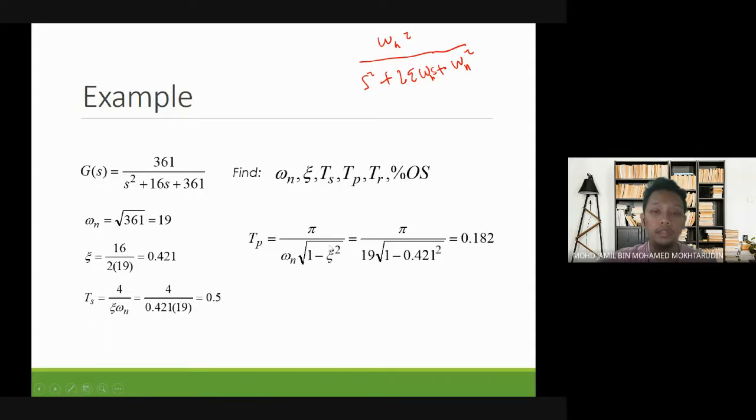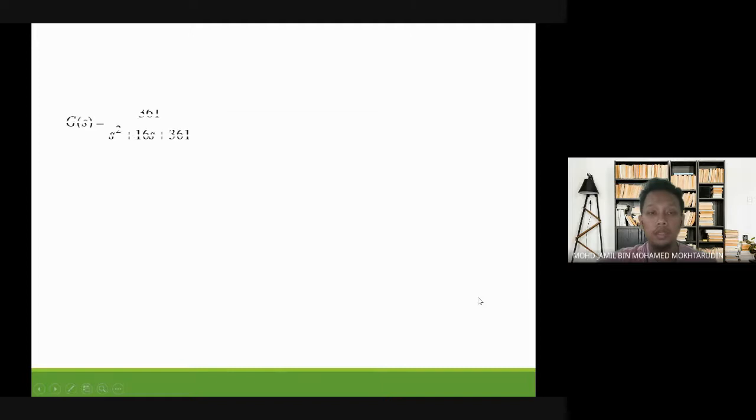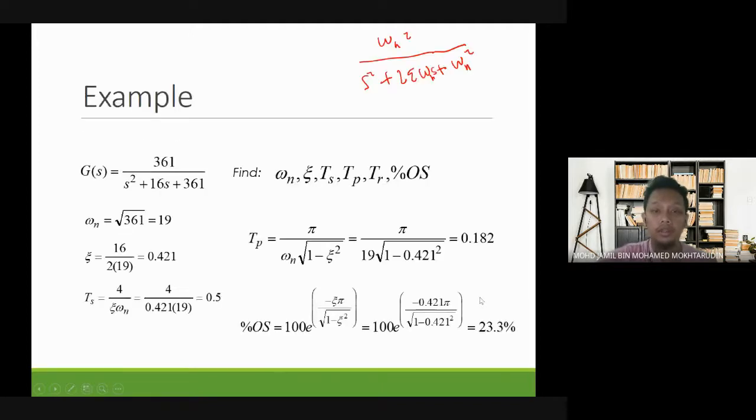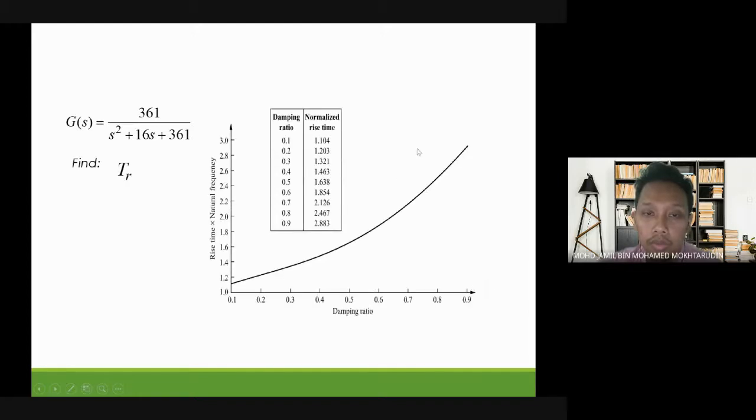And Tp, you use the formula, so you get 0.182. And percent overshoot, you just use the formula, okay? So you get 23.3%.